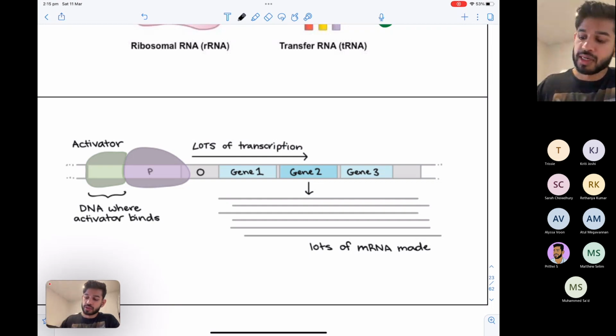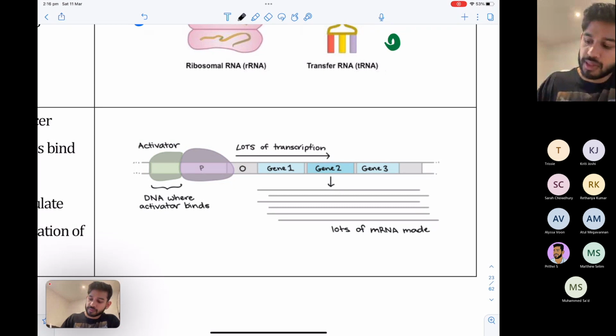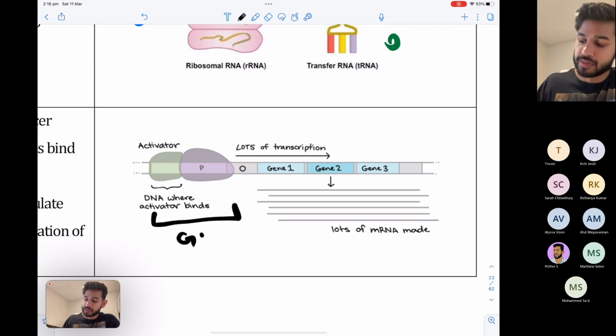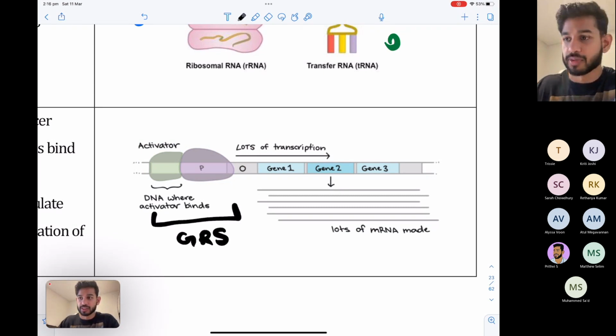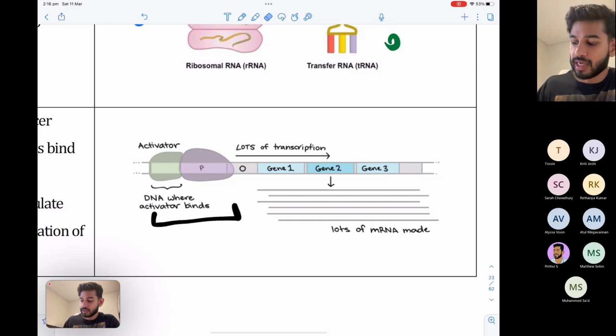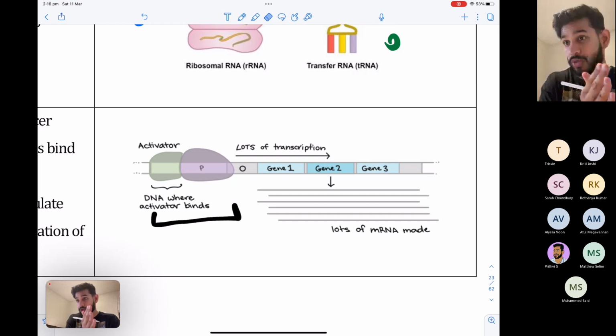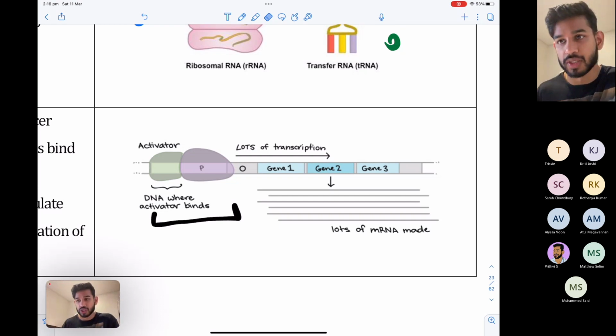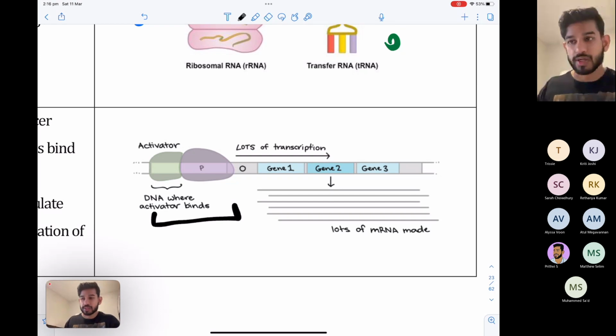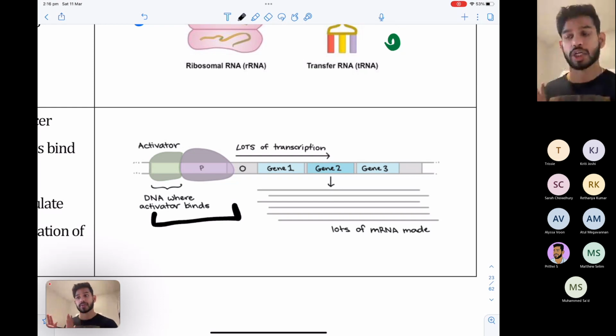Now, to really understand this, this is your gene regulatory sequence. Maybe I'll just take any acronyms out because acronyms confuse me as well, right? So what I've just shown you there on the left is your gene regulatory sequence. You've got 3 genes that are downstream or sitting next to that gene regulatory sequence, okay?